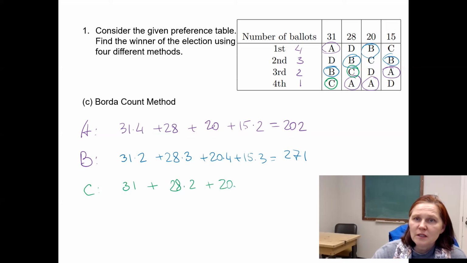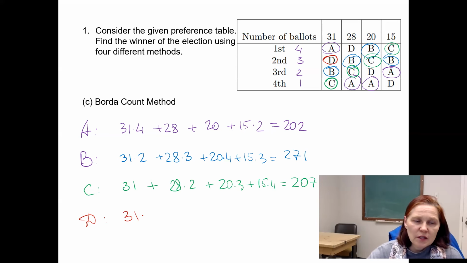Then 20 second places, 20 times 3, and 15 first places, plus 15 times 4, 207. And now D.